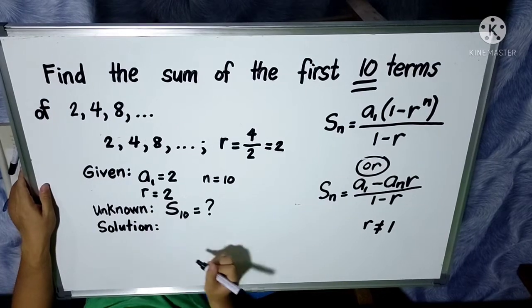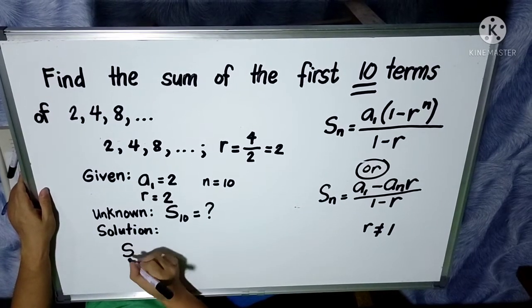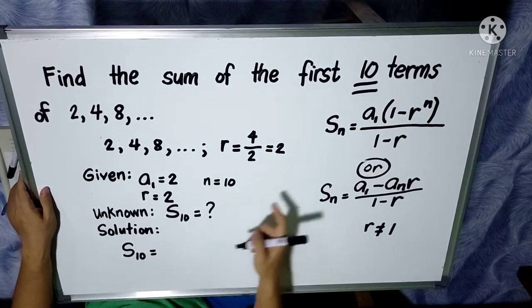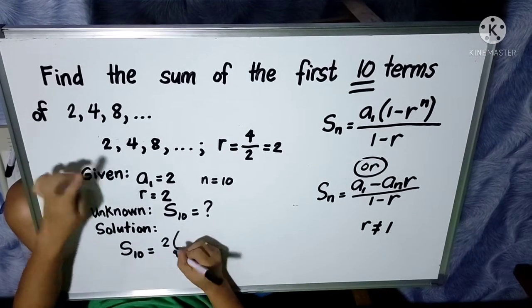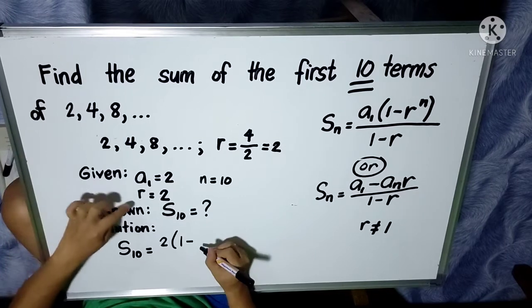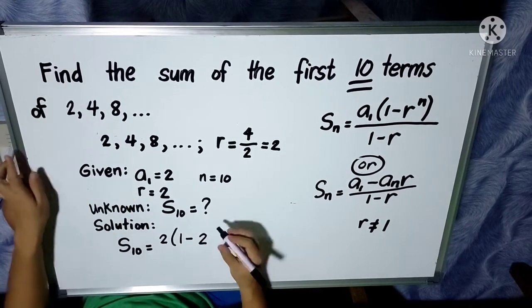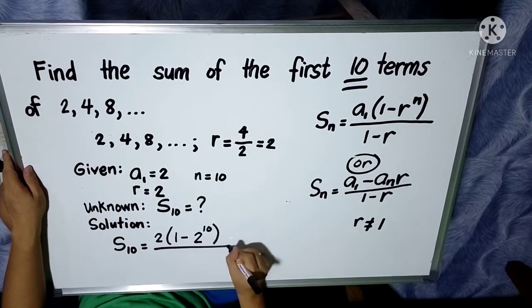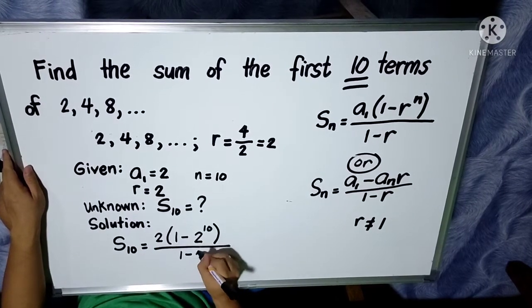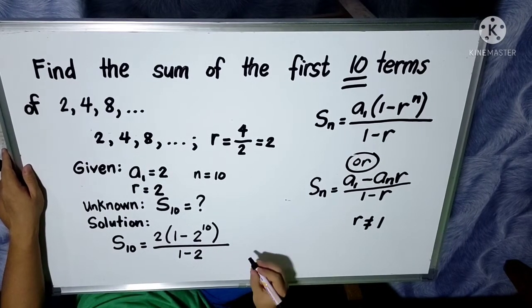For your solution, you can have S sub 10 is equal to, we'll use this formula, a sub 1 times the quantity of 1 minus r to the exponent of 10, all over 1 minus r. So S sub 10 is 2 times the quantity of 1 minus 2 to the exponent of 10, all over 1 minus 2. Let us simplify it further.